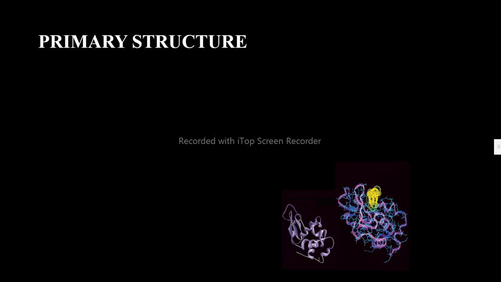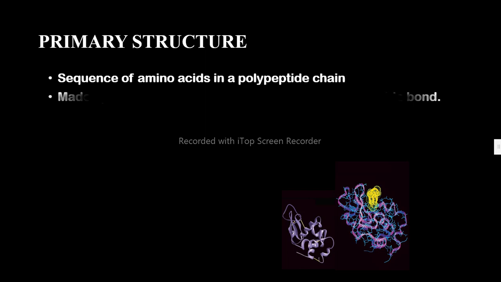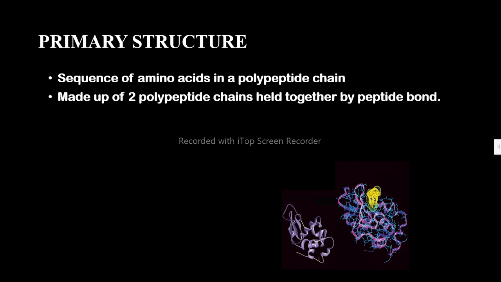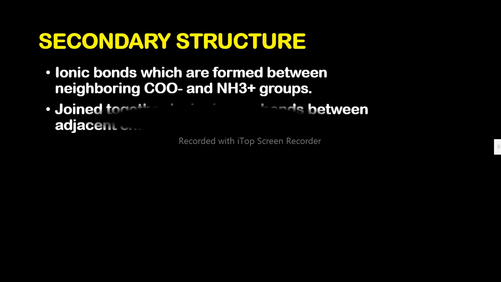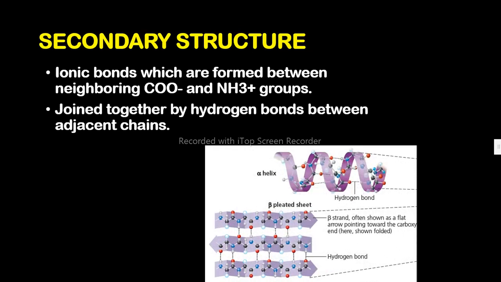Then we talked about the structures of proteins, where we talked about the primary structure, which is just a sequence of amino acids held together by peptide bonds. Then the secondary structure, where there is some coiling to form the alpha helix and the beta pleated sheets, and some hydrogen bonds are involved in that.